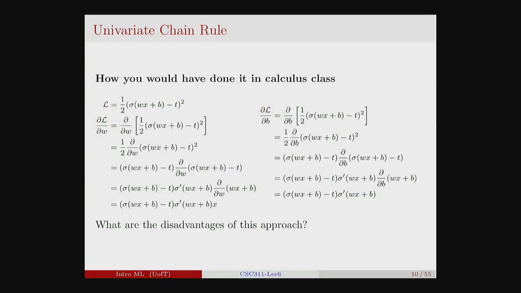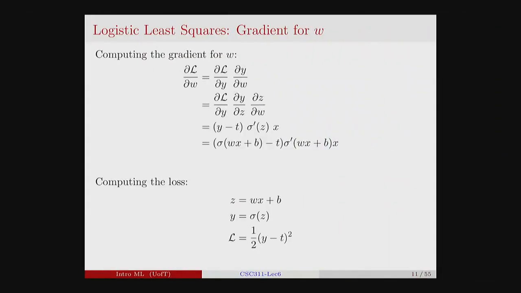For most of these derivatives that we did by hand in these two columns, we sat and computed the exact same numbers for a lot of it until we reached the very last line. This is just a repetition of the computation of dl by dw, now written out in univariate chain rule form. In order to compute it, we needed 3 quantities: dl by dy, dy by dz, and dz by dw.